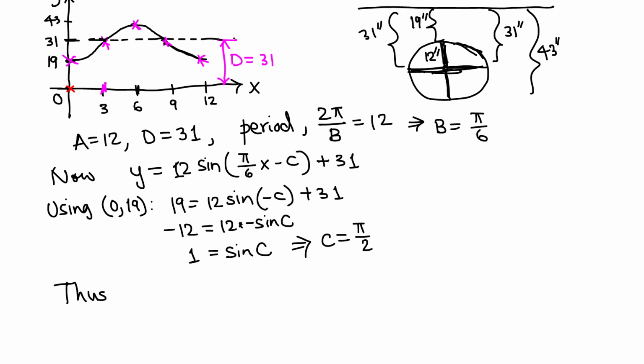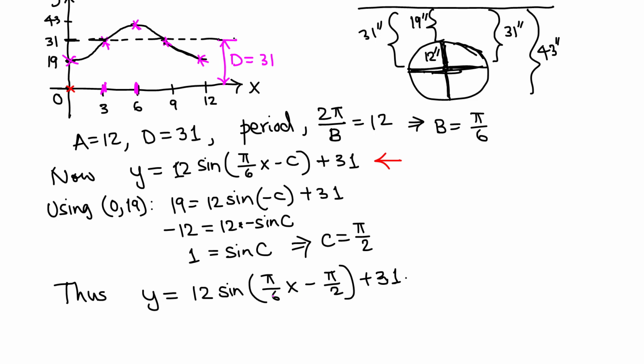So thus we got the final answer. We already had the model, and only C was missing, which we just found. So y equals 12 sine of pi over 6 x minus pi over 2, plus 31. You can check if this model is good. At 6 we have to get 43, right?